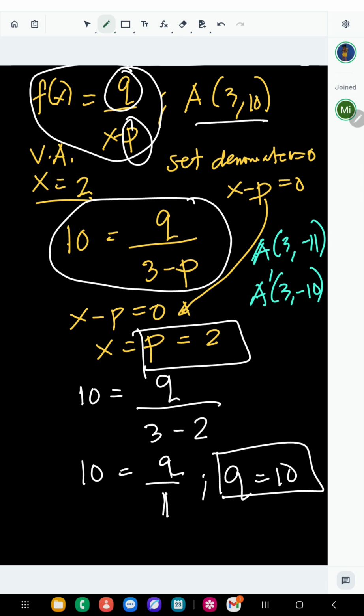Let me check the transformation. It says the original is -11, then you transform to -10. Oh, you add. So it's a horizontal shift of 1 unit to the left because you add 1. Do you have questions?